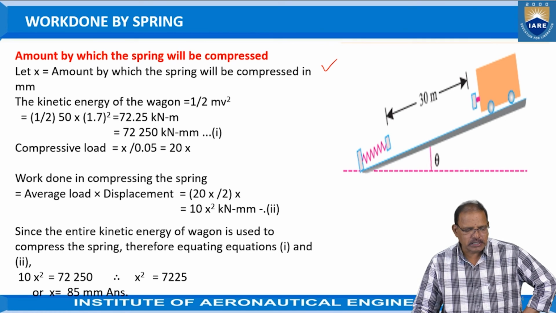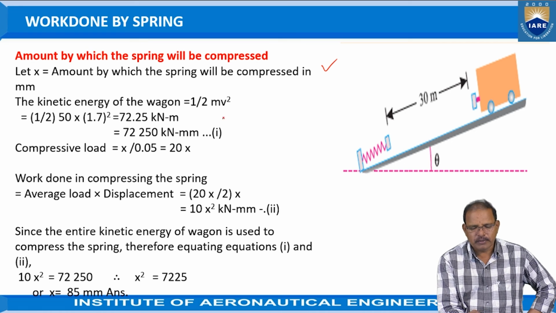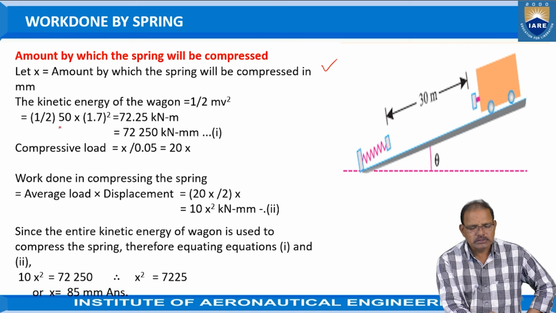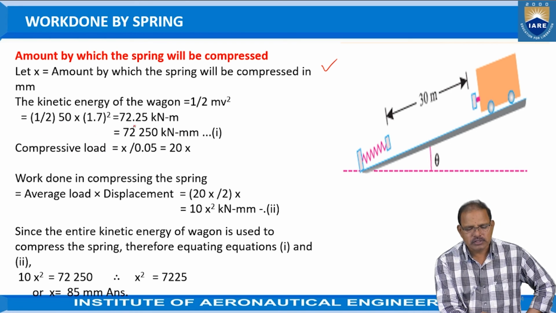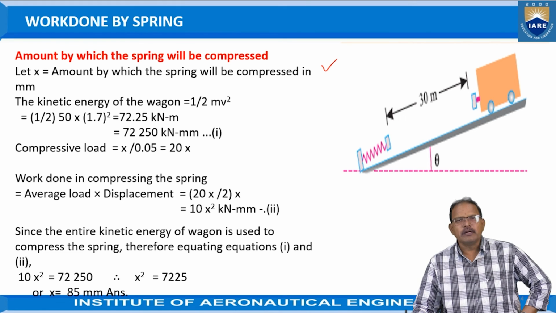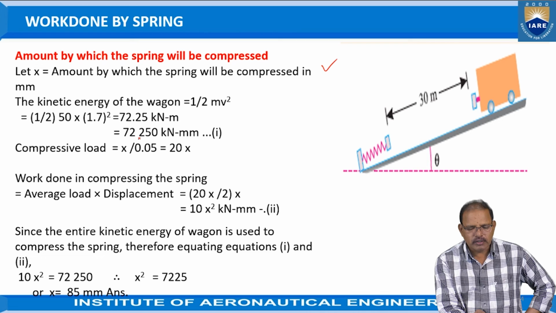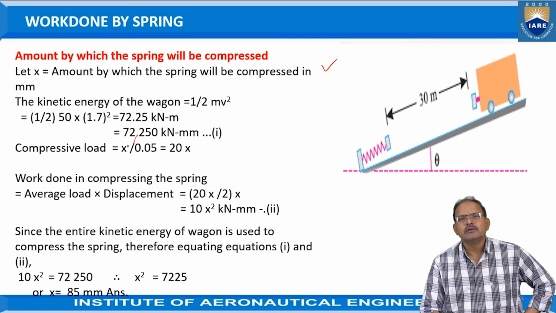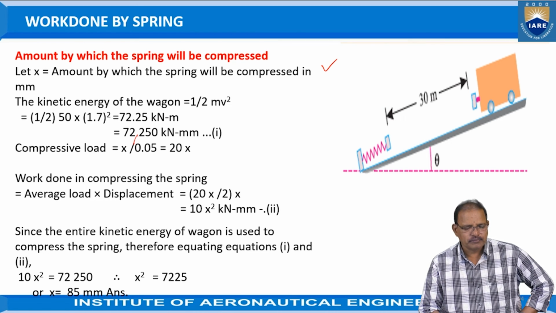Hence, it is equal to 1 by 2 mass, 50 kilonewton as given, into 1.7 whole square, which is equal to 72.25 kilonewton meter, which can be written as 72,250 kilonewton mm.